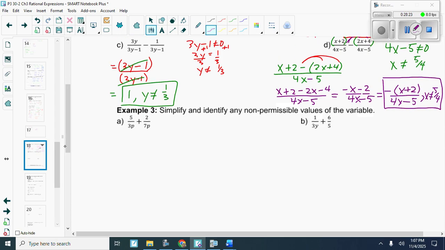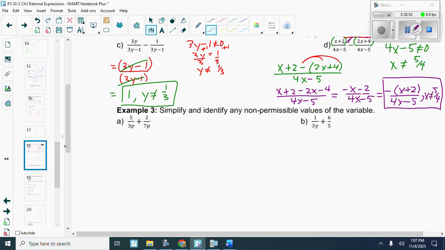Okay, we'll do one more together and then we'll get you up out of your seats and do a little bit of board work. Practice these. Guys, what is the best common denominator for this next question? What do you think? 21p. Did you get that she didn't say 21p squared? Because they both already have a p, so we don't need to double up on the p's. You want to choose the lowest common denominator.